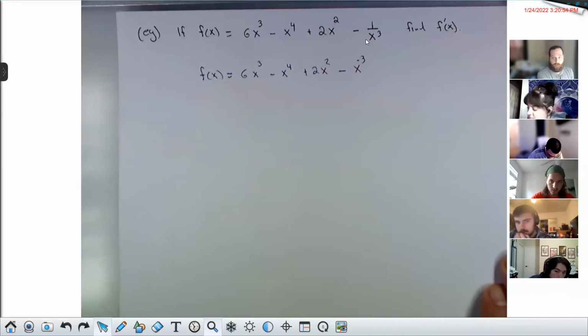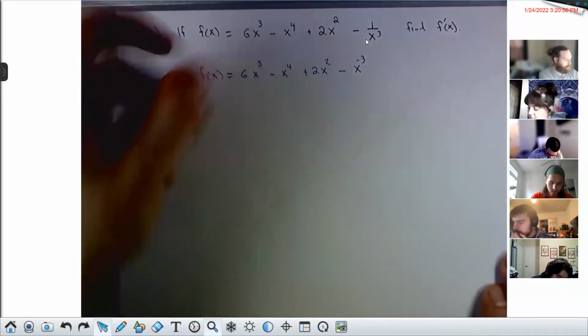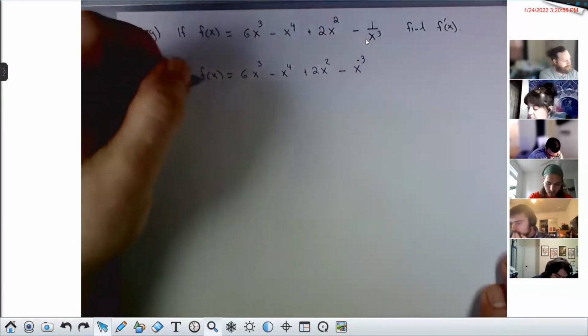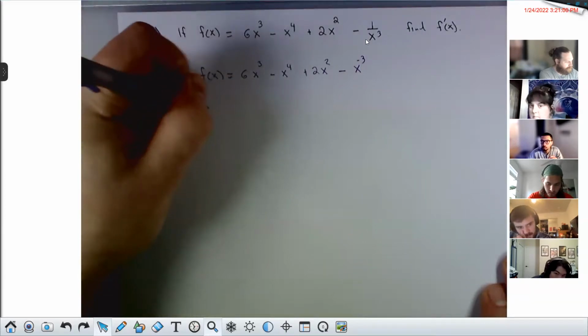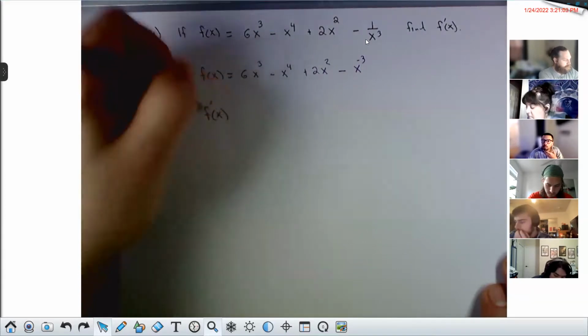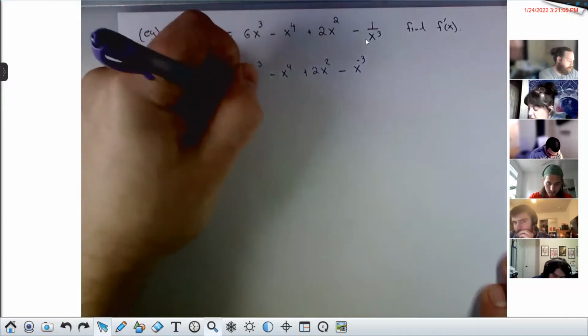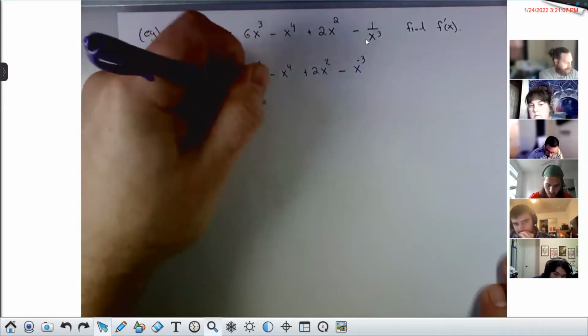And now some practice with Leibniz notation, since it is the better way to describe. Well, let's stick to the prime notation. So f prime of x. Nah, we use Leibniz. We'll do it. We need the practice.